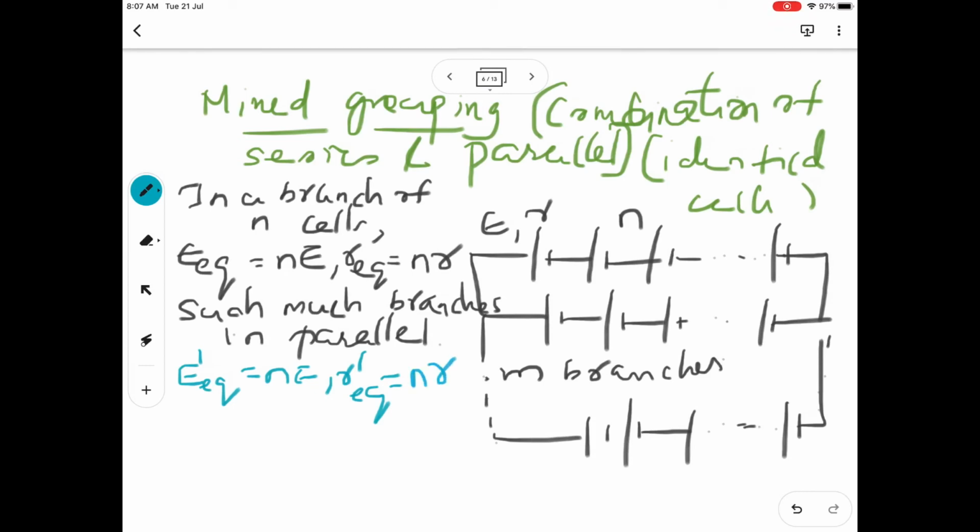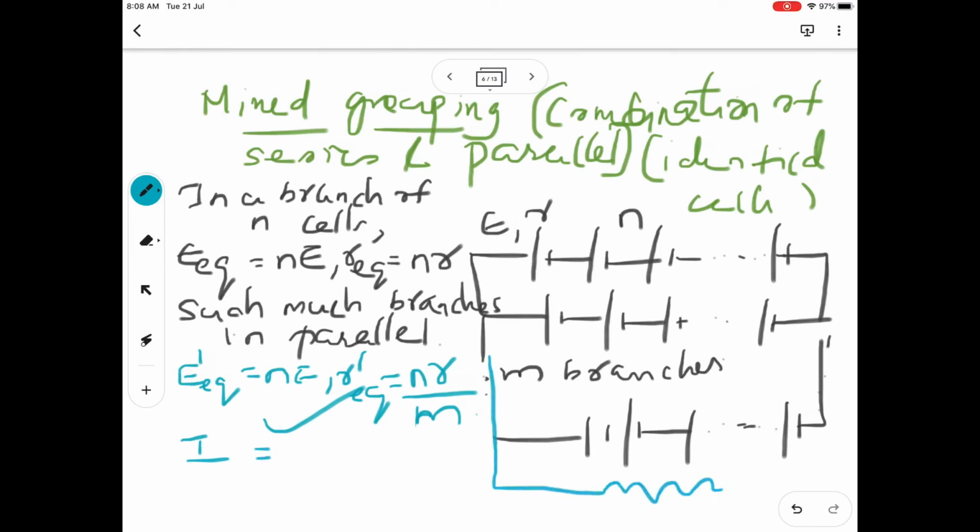Now R equivalent dash: in each branch n r, that is to be divided by the number of branches. So n r divided by m. So equations for equivalent EMF and internal resistance are ready when you have many identical cells in a mixed combination of series and parallel.